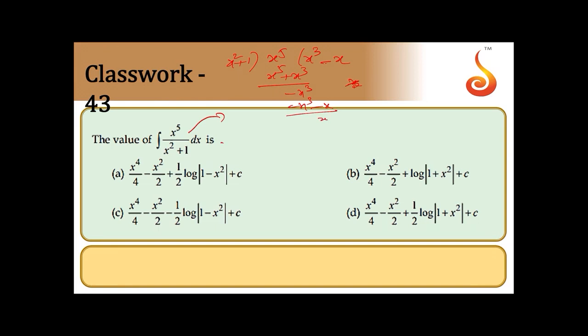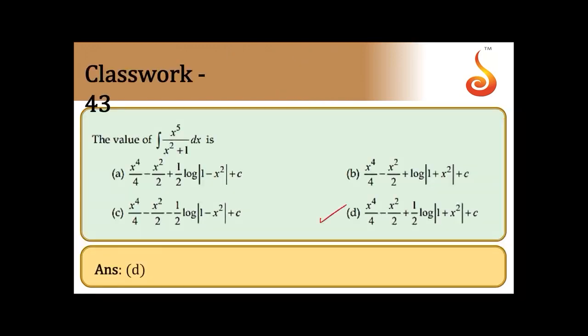So this can be written as the integration of x cube minus x plus x divided by x square plus 1 dx. Of course, the integration is nothing but x power 4 by 4 minus x square by 2 plus half log of 1 plus x square plus constant. Half log of 1 plus x square is only in this option, D.